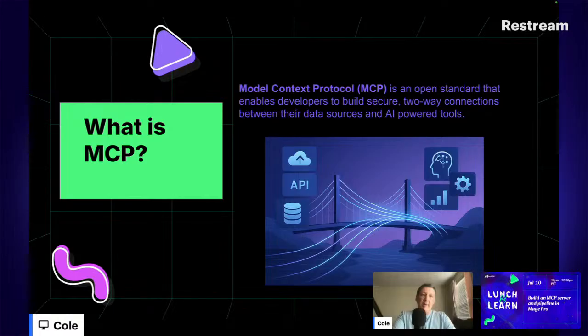It's an open standard that enables developers to build secure two-way connections between their data sources and AI-powered tools. Essentially, MCP is the bridge that lets AI applications talk to your data, databases, and any knowledge sources that you might have in a standardized and secure way.